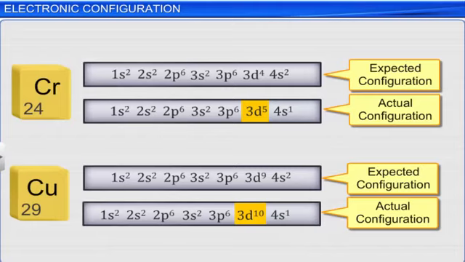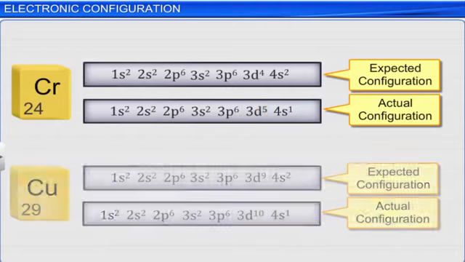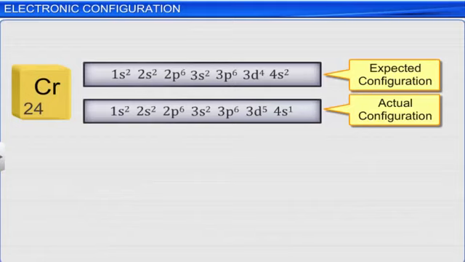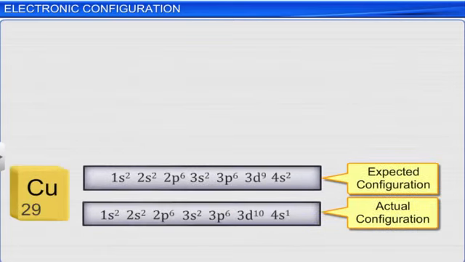The anomaly in chromium is attributed to the fact that the half-filled 3d5 has lower energy and extra stability. In copper, the completely filled 3d10 has lower energy and extra stability.